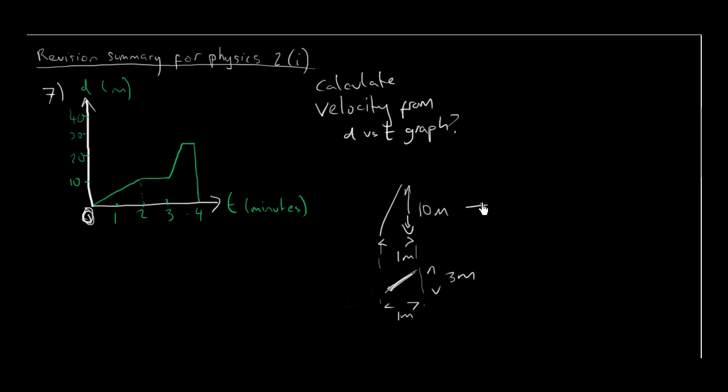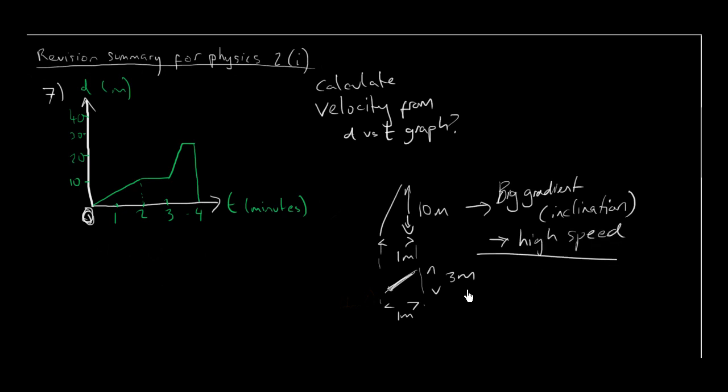So this would be a big gradient or inclination, and that implies a large amount of distance in the same amount of time. It would imply a high velocity, high speed.